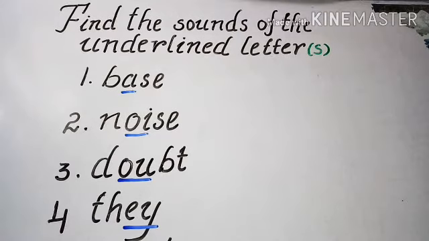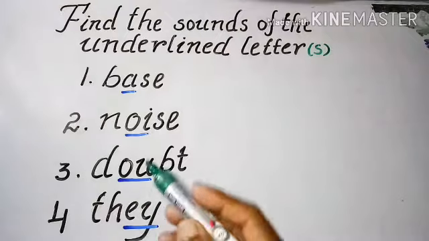Today we are going to have a practice session on diphthongs, which are the combination of two vowel sounds. Here are a few words given. In each and every word, one or two letters are underlined. Trace out the sound of those letters. Shall we start now? So take the first one, B-A-S-E, base.